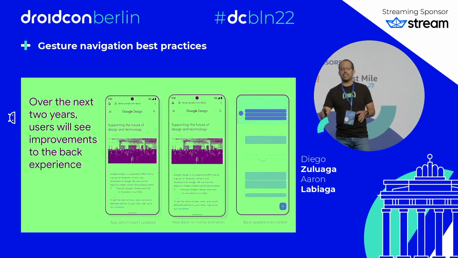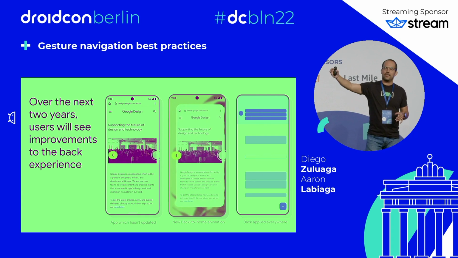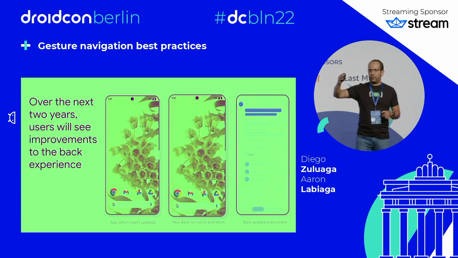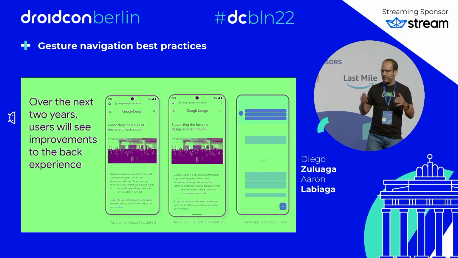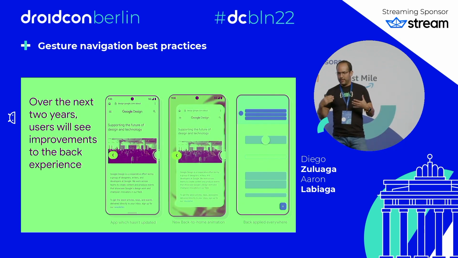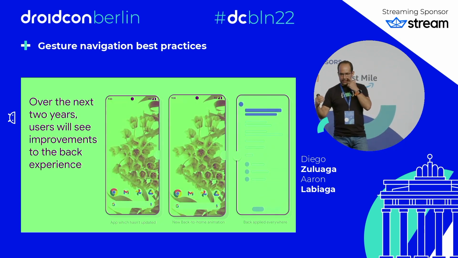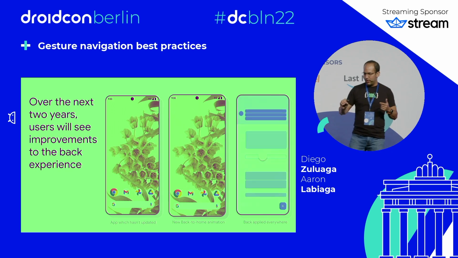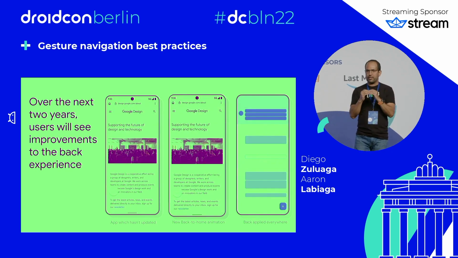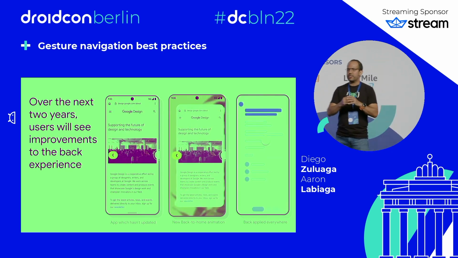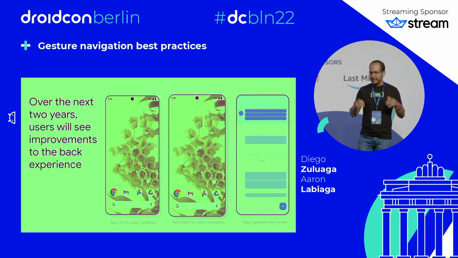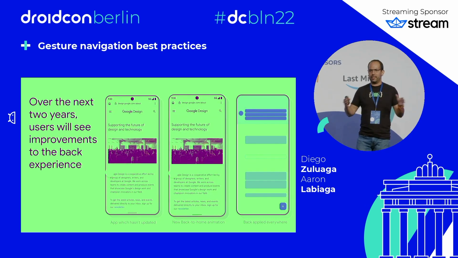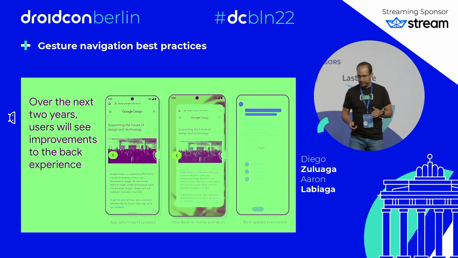And the last one is the experience that as a developer you will be able to build. This is a calendar app where you open an individual event, and when you use that back gesture, it collapses into that event. But it's going to work across many types of components, right? So the idea is that the whole ecosystem embraces back gesture.